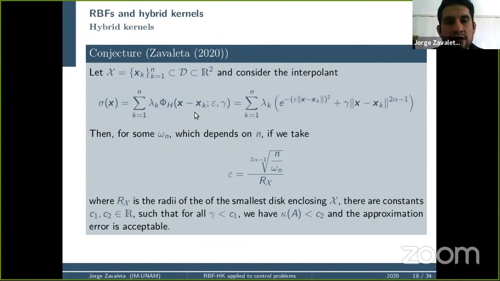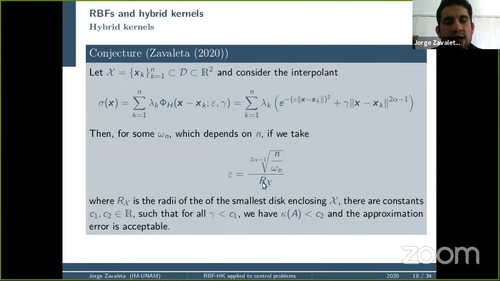I've been considering the same interpolant, and I found that a good value for the shape parameter is given in this way, as a square root of the power of the polyharmonic of the number of the nodes that are in the set.